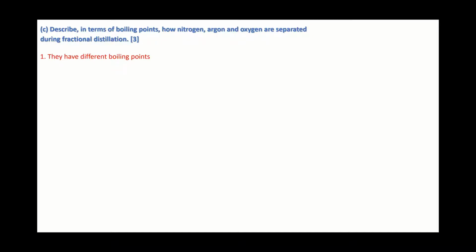And it's because you're starting the gas off at the bottom of the fractionating column. Your nitrogen will still be a gas until it reaches the cooler top end of the column, where it will then be cool enough to condense off and be separated from the liquid air mixture. Now, something analogous can then be said for the oxygen, as it is the substance with the highest boiling point and will thus condense toward the bottom of the column. And this is exactly the point that you should then make.